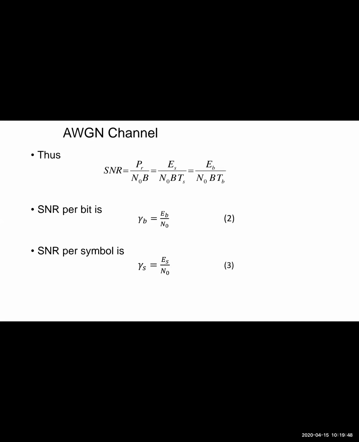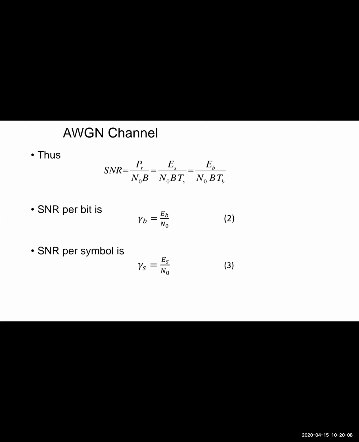So what we need to do is the signal to noise ratio per bit is of importance to us. The signal to noise ratio per symbol is also of importance to us. Okay.